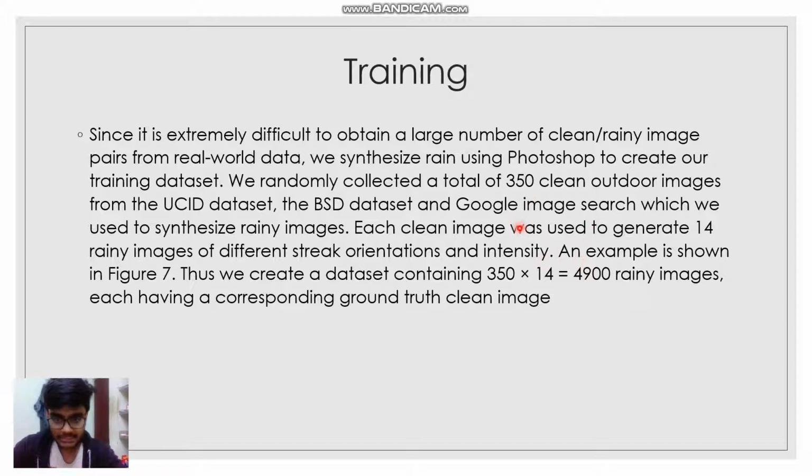From those clean images, we generated 14 rain images of different streaks, orientation, and intensity for each clean image. So that is 350 into 14. We got 4900 rainy images, each having a corresponding ground truth clean image.